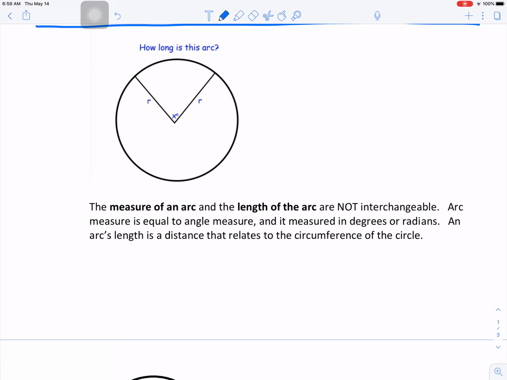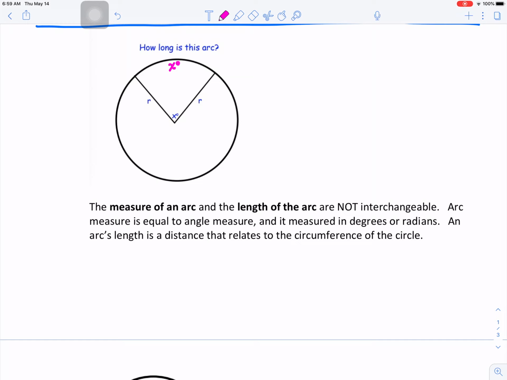Now, if I asked you for the measure of the arc and you saw this was x degrees, you might say to me, this is x degrees. As we learned, the central angle is open in degrees the same amount that the arc is in degrees.